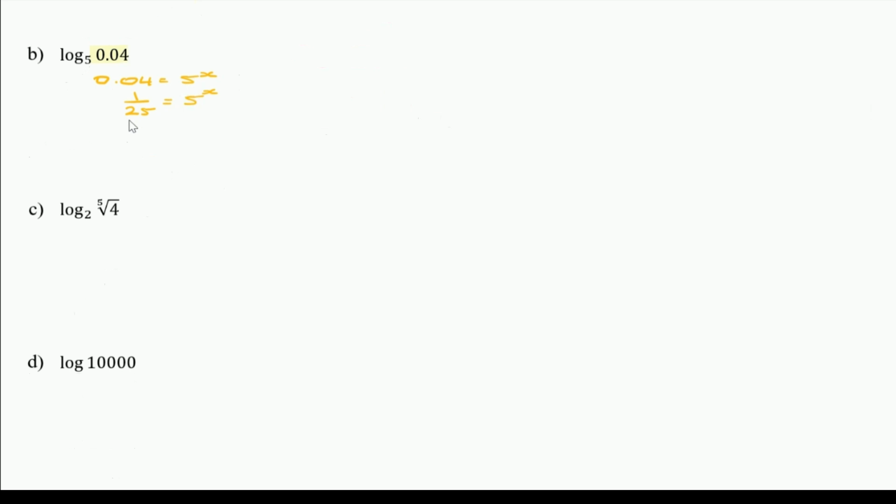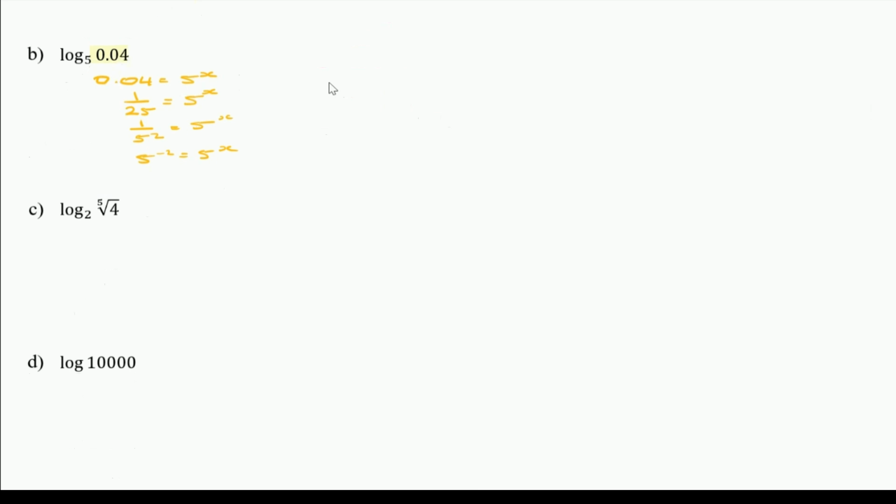And we know that I can write 25 as 5 to the power of 2. So I'm going to have 1 over 5 to the power of 2 is equal to 5 to the something. And using my index laws, this is 5 to the power of minus 2. So I've now written this 0.04 with a base of 5.